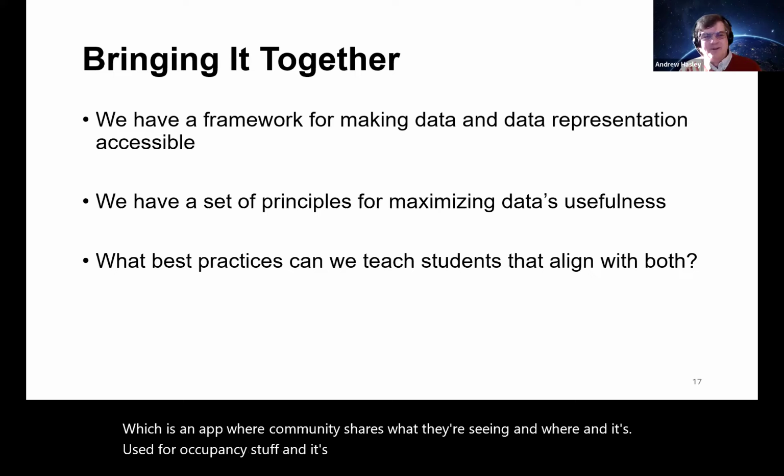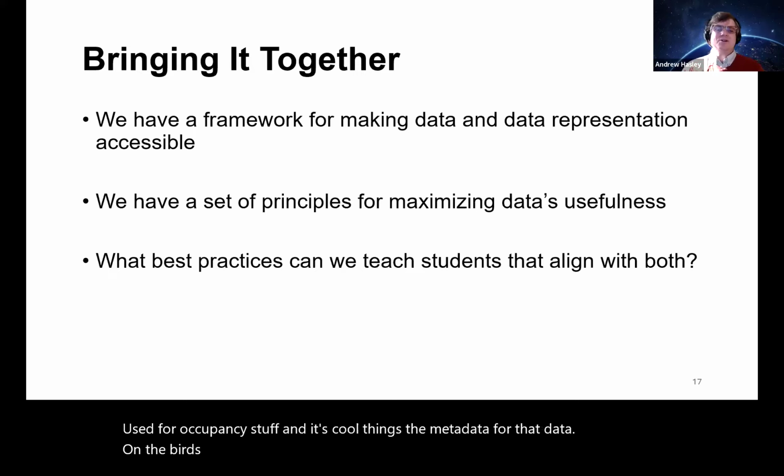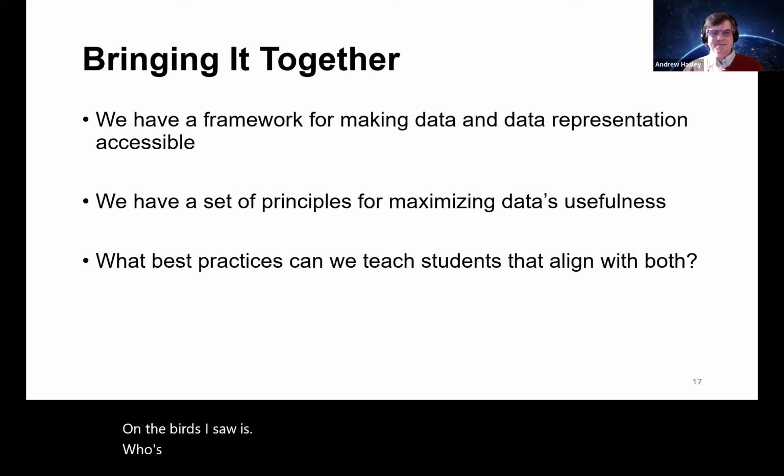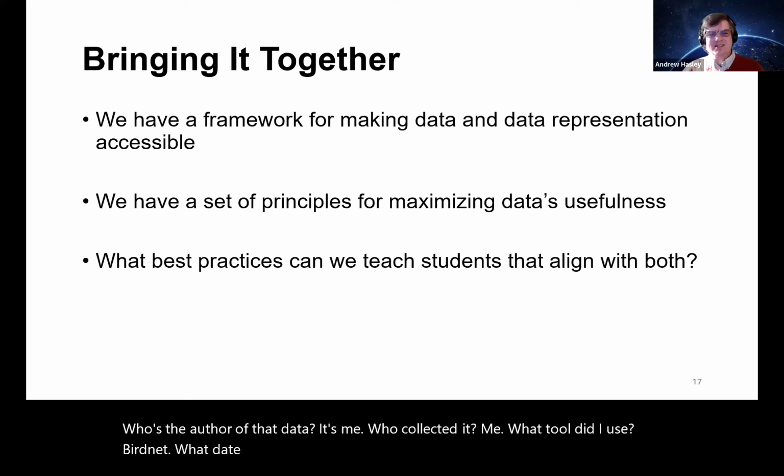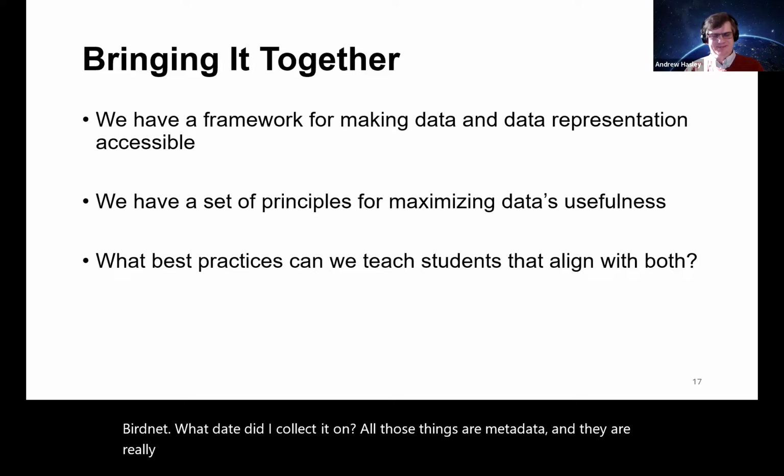The metadata for that data on the birds I saw is, who's the author of that data? It's me. Who collected it? Me. What tool did I use? BirdNET. What date did I collect it on? All those things are metadata, and they are really critical to making data useful.